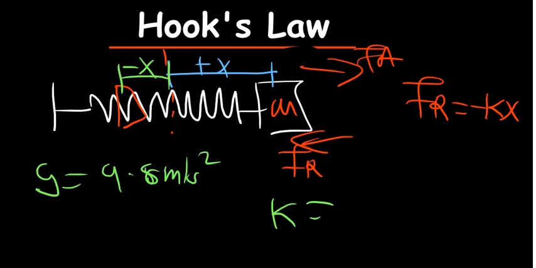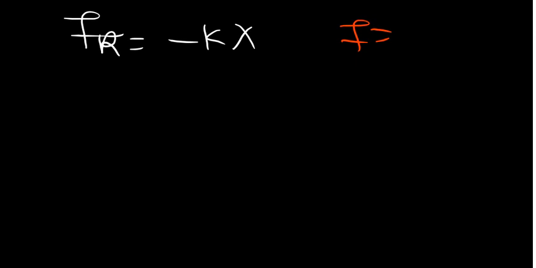So now I think we can continue. Now I want us to focus more on this formula. We are saying that the restoring force is given by negative kx. But we also know that force is given by mass times acceleration. So we can find the maximum acceleration if I replace this with F here.